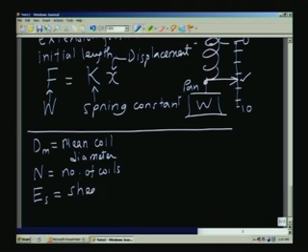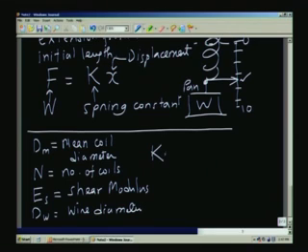I am just using shear modulus ES, and the wire diameter is dW. So, the spring constant K is given by the shear modulus ES multiplied by wire diameter to the power of 4, divided by 8 times the cube of the mean coil diameter multiplied by n. This gives you the spring constant.